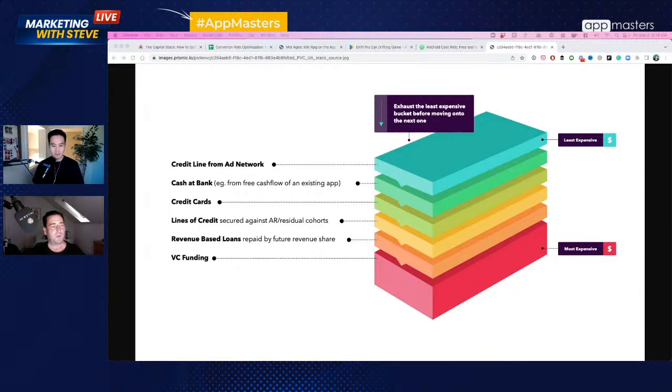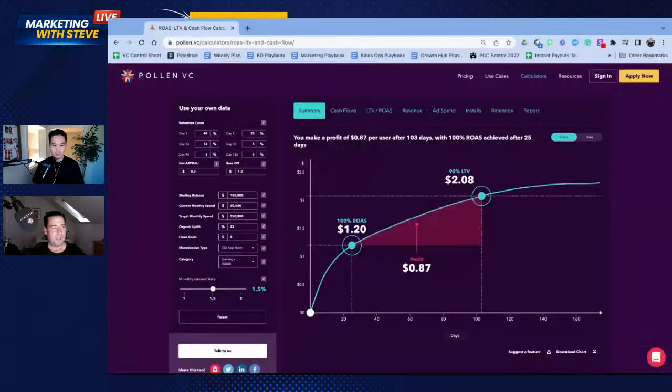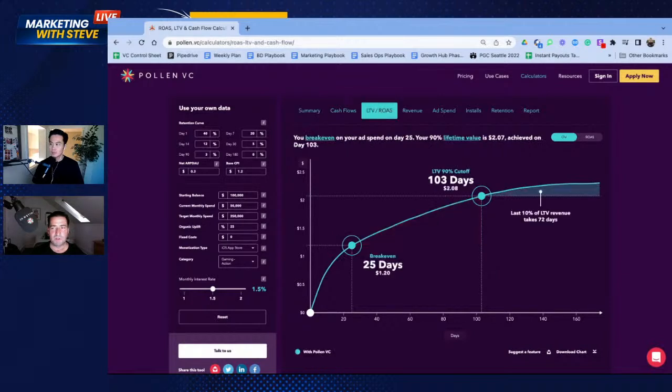So maybe we can flip back onto my screen, Steve, and I'm going to show some of the other parameters behind it. We'll do a quick tour of the tool. If you focus on the different tabs along the top, you look at LTV and ROAS.